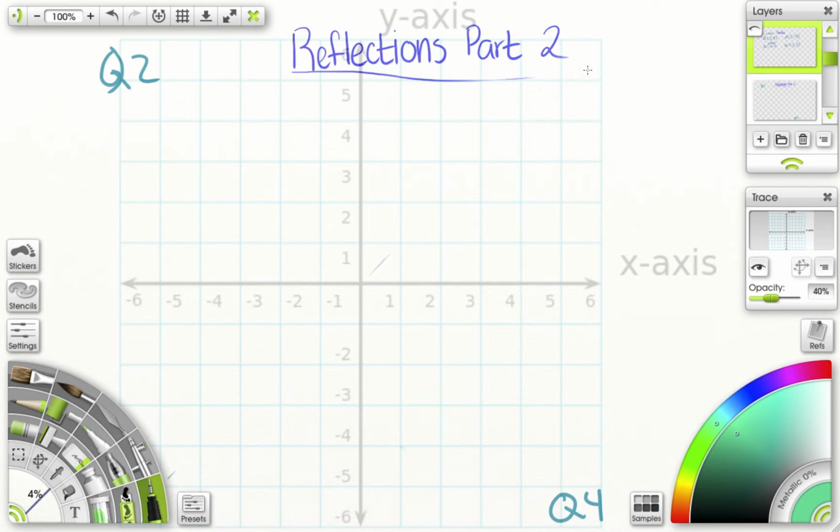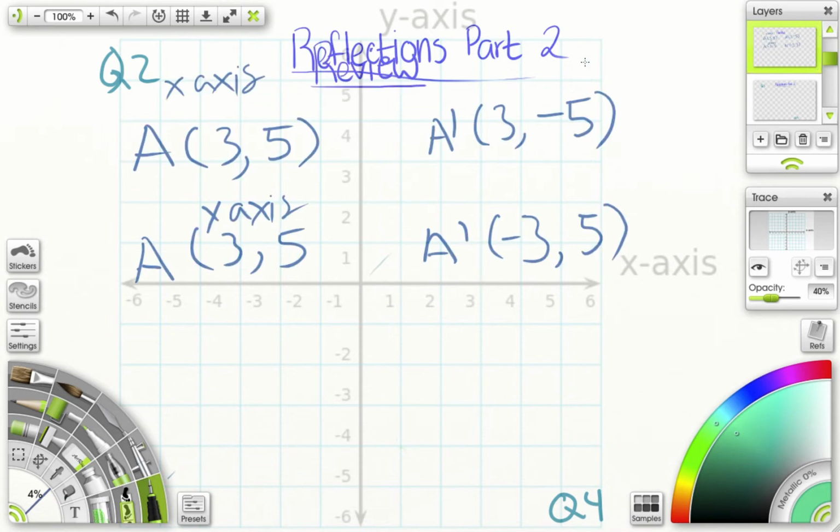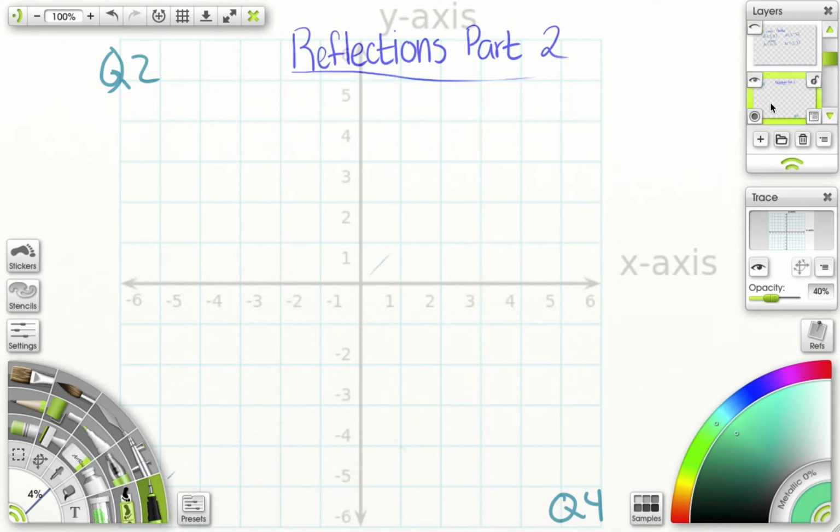Right here on the top right corner is quadrant 1. This is quadrant 1, this is quadrant 2, this is quadrant 3, and this is quadrant 4. Quadrant 1 is positive, positive. Quadrant 2 is negative, positive. Quadrant 3 is negative, negative. And quadrant 4 is positive, negative.